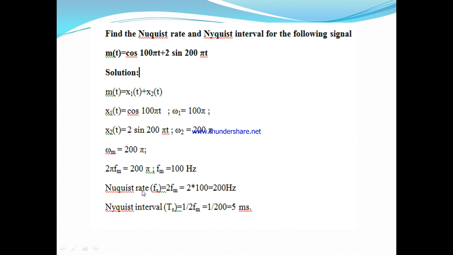Next, the Nyquist rate fs is equal to 2 into fm, so 2 into 100, which is 200 Hz. Again, the Nyquist interval formula, Ts is equal to 1 by 2 fm, so you get 5 milliseconds. This is the procedure, the concept of Nyquist rate and Nyquist interval. Okay, thank you.